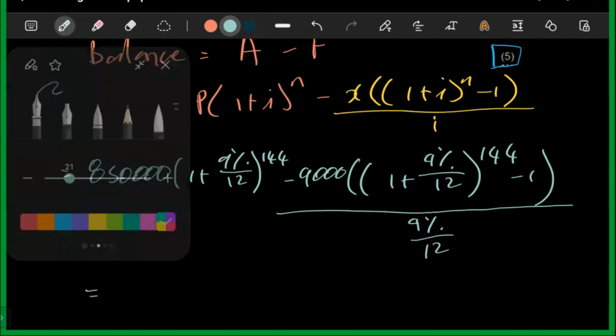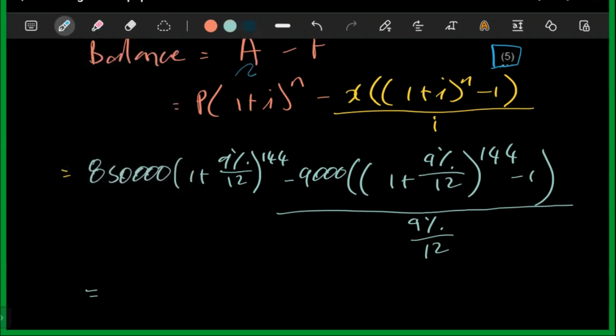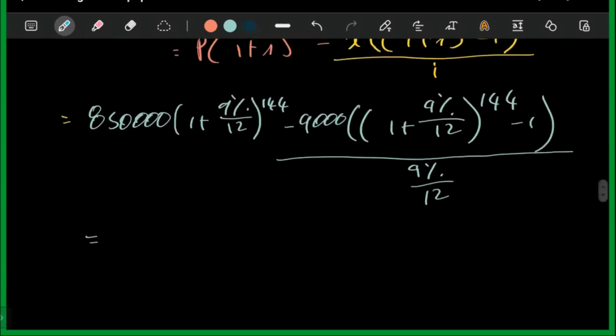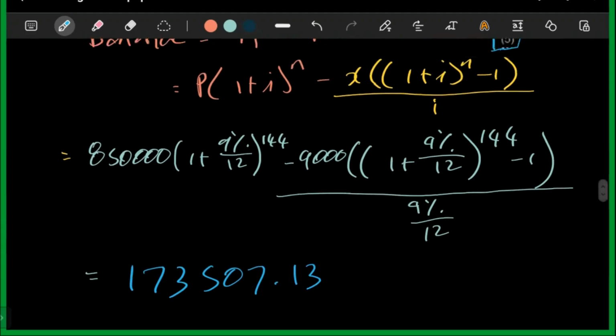You can either put the first part for A, get an answer, second part for F, get an answer, but can I just throw everything into the calculator? So let's do that. Everything nicely thrown into the calculator. We're getting here 173,507.13. So it looks like if it does have a higher monthly installment, this loan is getting paid off quite fast.